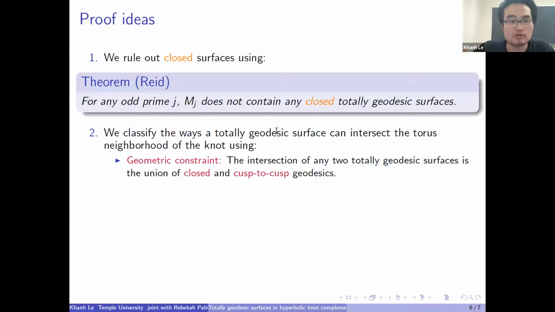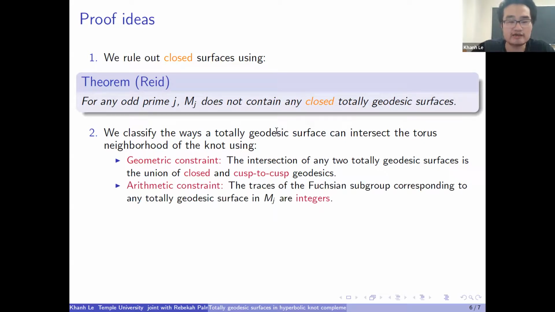Second, what we do to rule out cusped surfaces is to classify the ways a totally geodesic surface can intersect the torus neighborhood of the knot using the following set of constraints. First, the geometric constraint says that the intersection of any two totally geodesic surfaces is a union of closed and cusp-to-cusp geodesics.